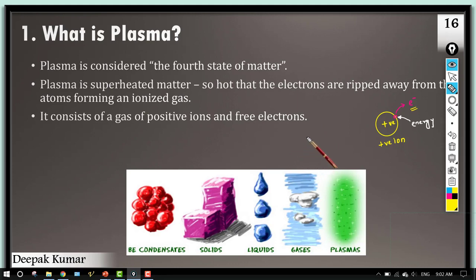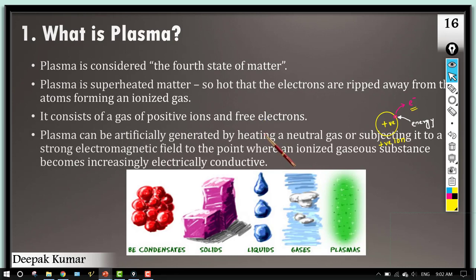It is very important to understand that plasma is a mixture of positive ions and free electrons. Where this plasma is generated and how it is used in plasma arc welding, we will see here.